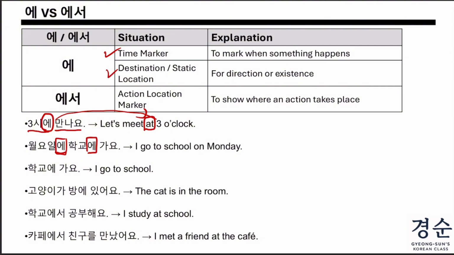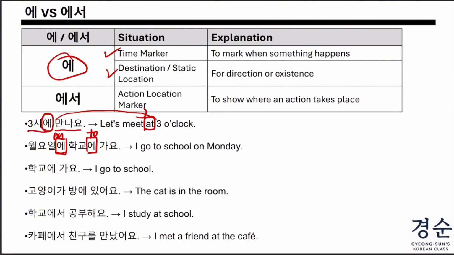So first one, 월요일에. So it's like "on Monday". Okay, 학교에 가요. So "go to". So basically this is "to" and this is "on". Okay, on Monday and to school. So both are using 에.